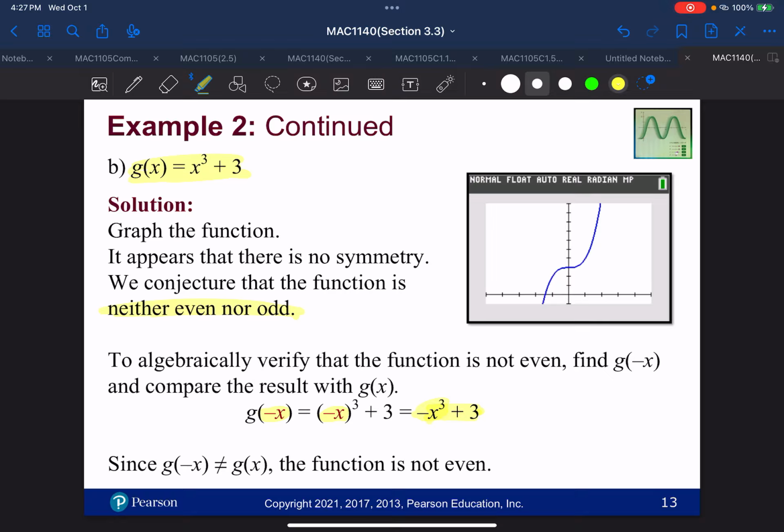And this is not the function that we started with, and it's also not the negative version, because if I multiply this function by negative, this would be negative x cubed minus 3. So it's not the opposite signs because that 3 is still positive. So this is neither even nor odd.